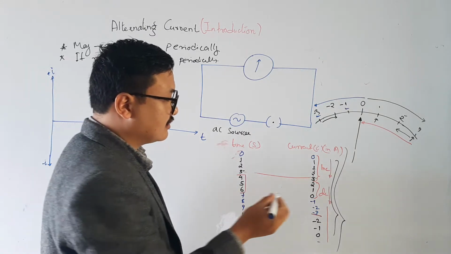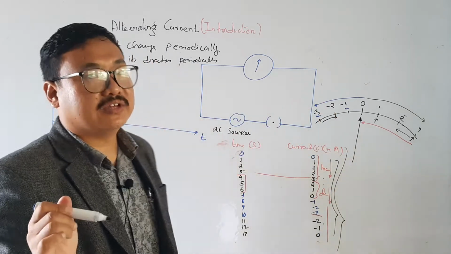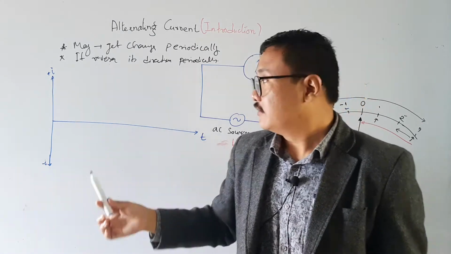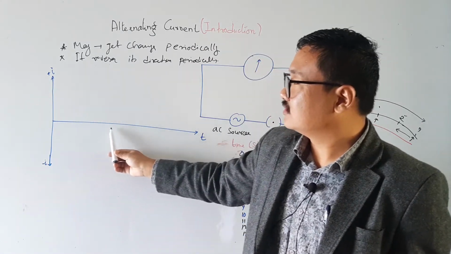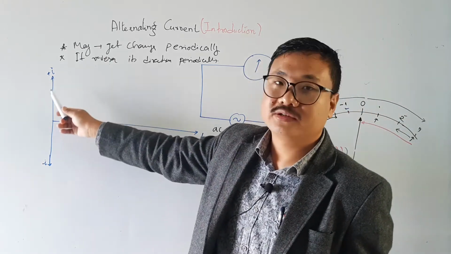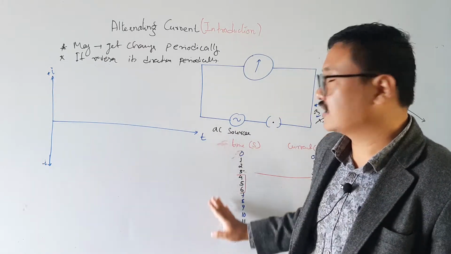Because if we see here, there are positive values of current as well as negative values of current. Therefore I am plotting here positive and negative. I can put here 1 second, 2 second, 3 second, 4 second, 5 second in the time, and I can put 1 ampere, 2 ampere, 3 ampere in the current axis, but not plotting the exact number.